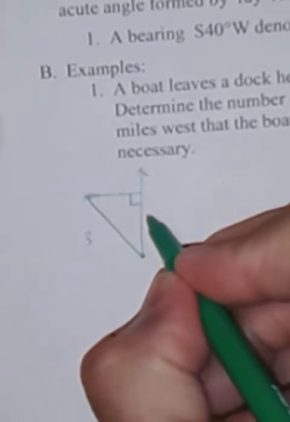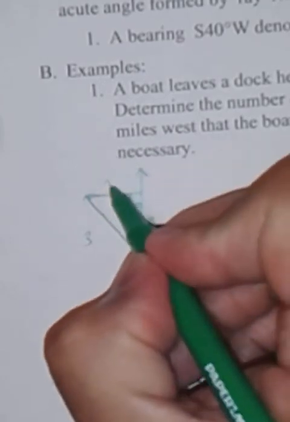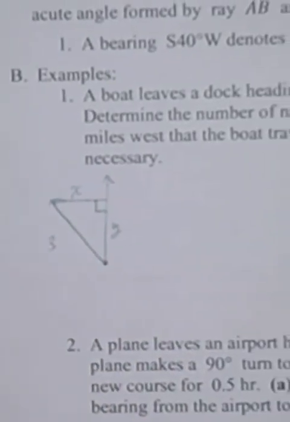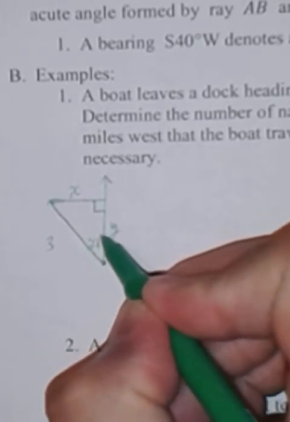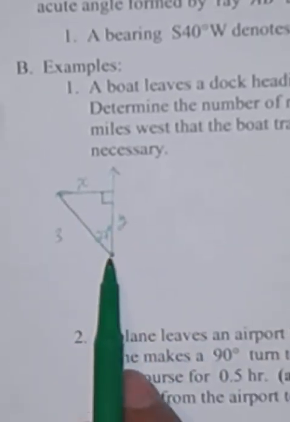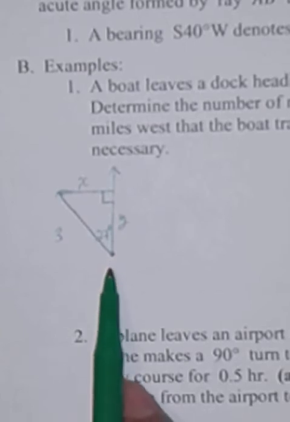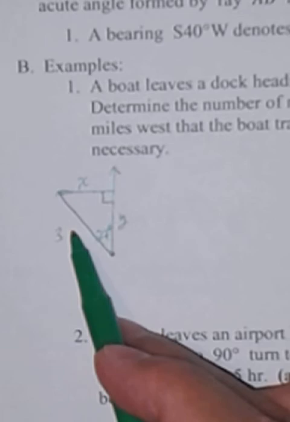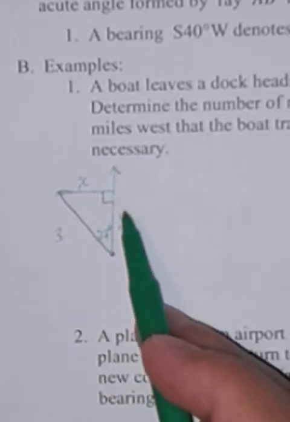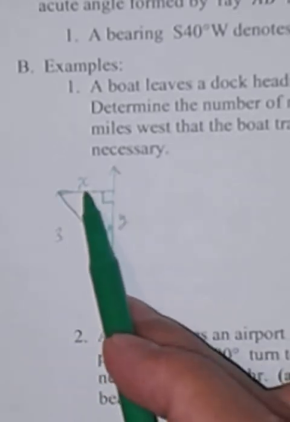I'm going to call the north component y and the west component x. The 27-degree angle is right at the vertex where the starting point of the boat is. So at this point I have a 27-degree angle, a hypotenuse of 3, an adjacent side of y and an opposite side of x.